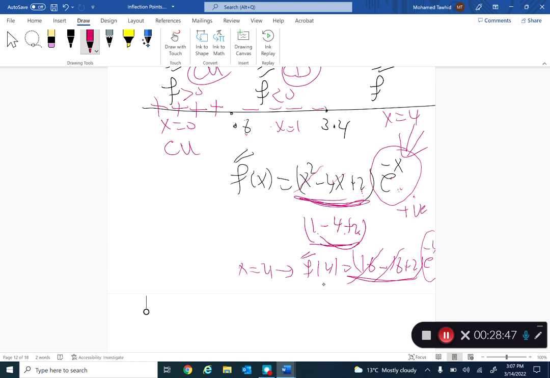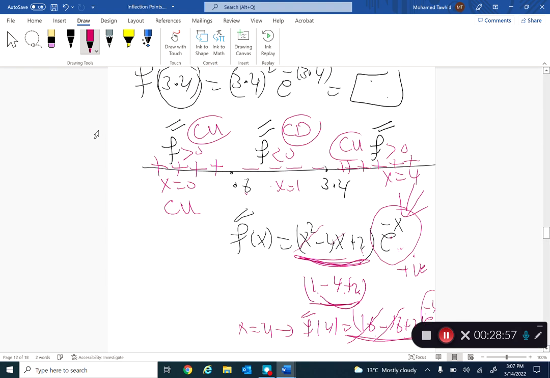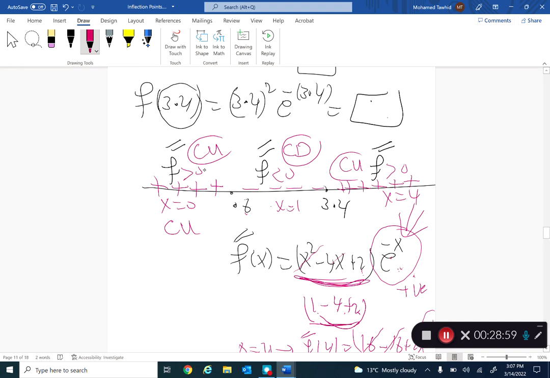You get 2, which is positive, times e to the power negative 4, which is positive. So the sign here I write positive, plus, meaning the graph is concave up. All right, concave up. So now, as you can see, concavity changes from concave up before 0.6 to concave down, and from concave down to concave up.